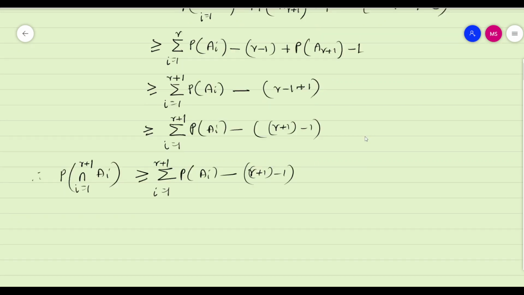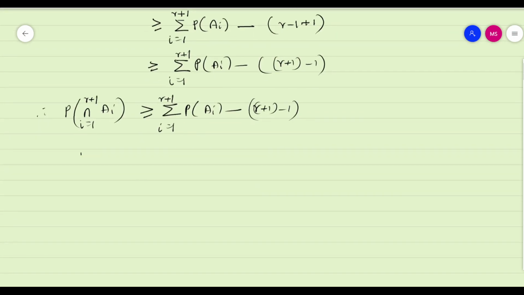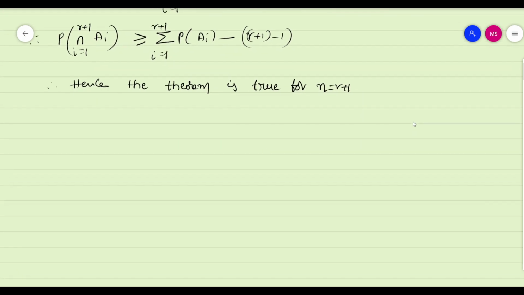Hence the theorem is true for n equal to r plus 1. So by using the principle of mathematical induction, the theorem is true for all positive integral values of n.